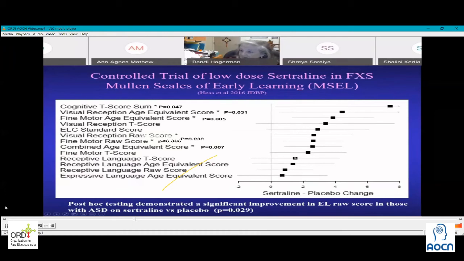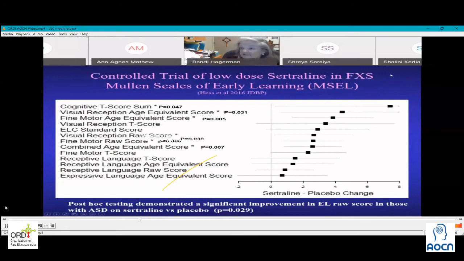But we expected to see language improvements, although we didn't see this. They were better, but not significantly better for the overall group. But when we did a post hoc analysis, those that had a diagnosis of ASD plus Fragile X syndrome, which was about 60% of the population, when they were treated with sertraline, they were significantly better than when treated with placebo.